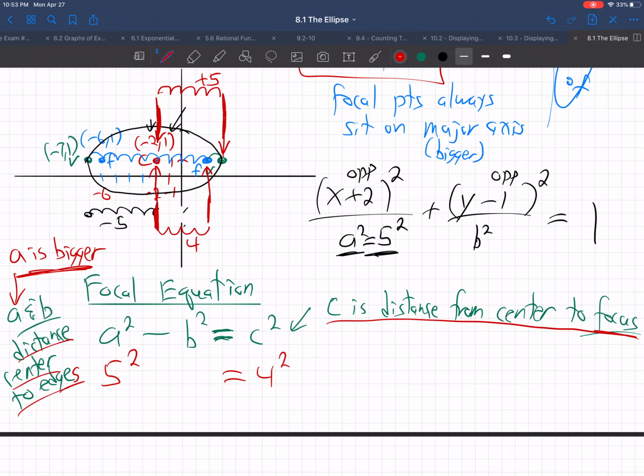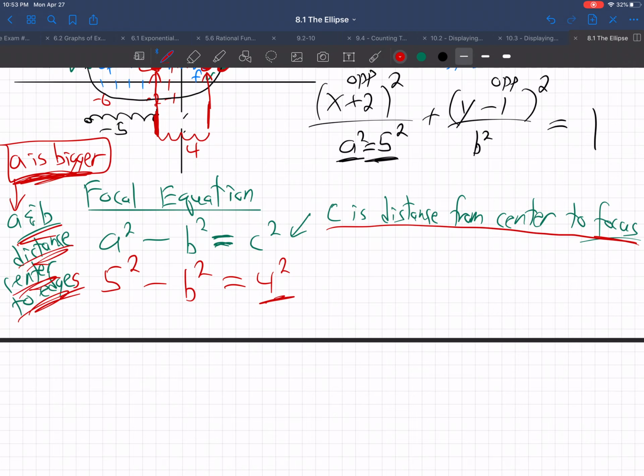This ellipse is wider than it is tall. Now, if the ellipse was taller than it is wide, then A would have to be the up and down because, again, A is the bigger. It's the bigger direction to the edge. A and B are the distance from the center to the edges, where A is the bigger direction. So in this case, A is right left. It's how far from the center to the edge, which is 5, and C is how far from the center to the focus, which is 4. And now we can solve this equation for B. So this is going to be 25 minus b squared is 16.